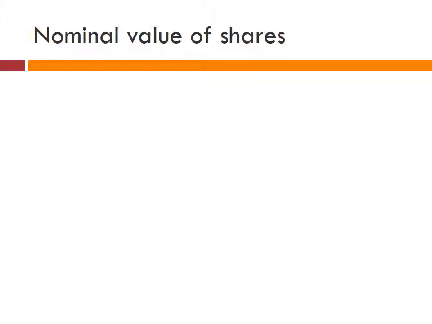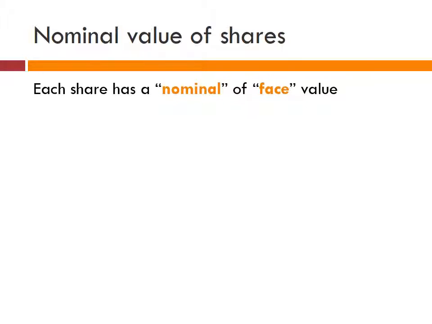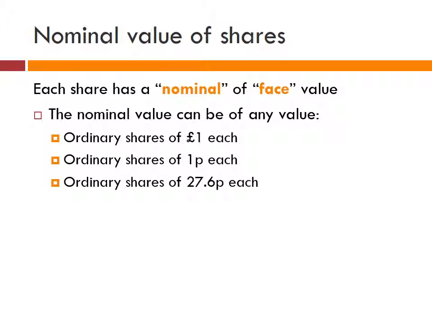Now, when we're talking about shares, they all have what's called a nominal or face value. Now, that can be of any particular value. The most common one would be £1, but it could be 1 penny, or it could be a fraction of a penny, or any amount that the company deems fit to use.